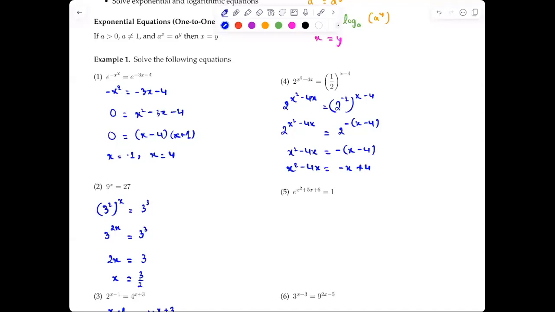And move everything to one side of the equation. And you get x squared minus 3x minus 4 equal to 0. So that is very similar to what we did in the first equations. So the solutions here are x equal to negative 1 or x equal to 4.